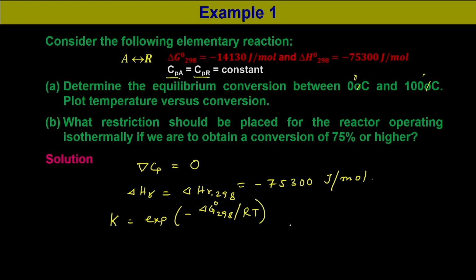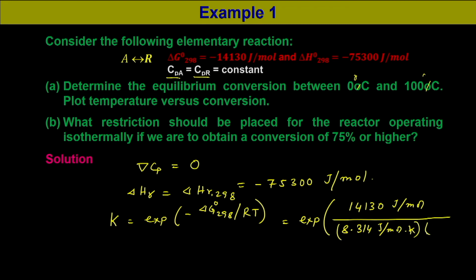So, now if we substitute, this would be exponential, delta G naught 298 is given, which is 1413 joule per mole divided by R, the universal gas constant, which is 8.314 joule per mole Kelvin, into T is 298 Kelvin. So, this would give about 300.